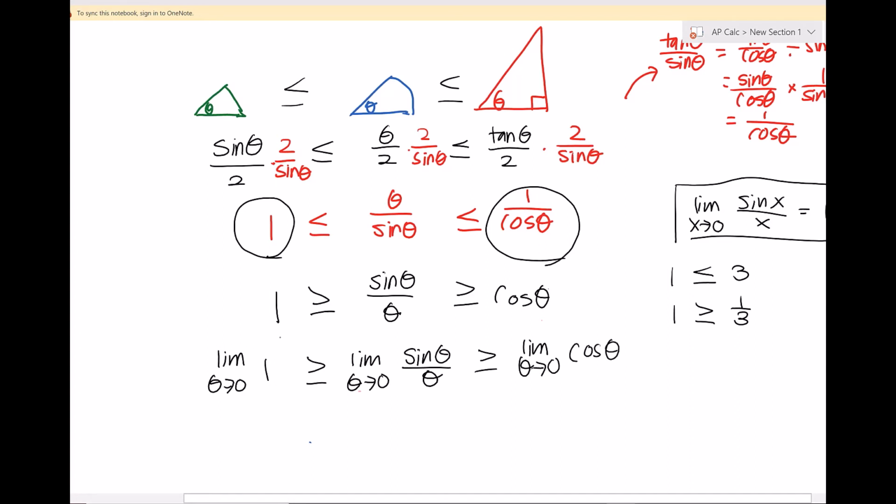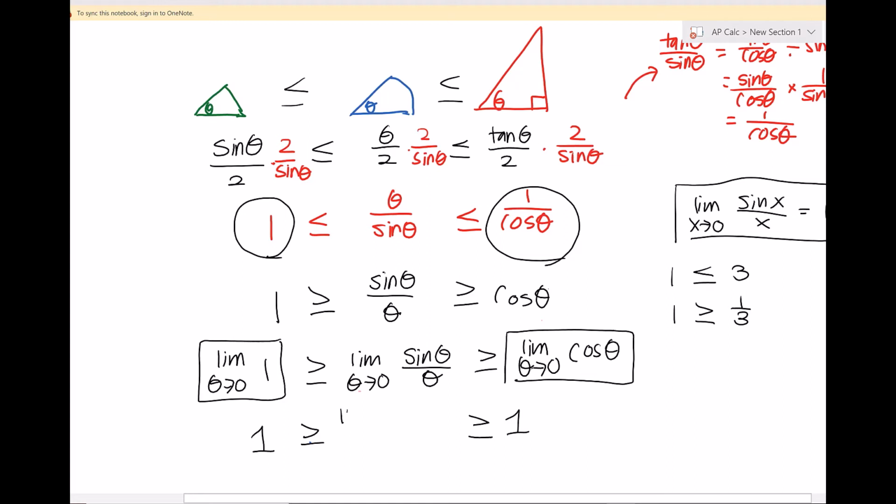Well, let's work with the left side. We know that 1 is just going to be 1 no matter what. It's unaffected by theta. So the limit as theta approaches 0 for 1 is just 1. Then let's take a look at this guy right here. We see that the limit of cosine theta as theta approaches 0, think back to the unit circle. What's happening? You're approaching the positive value 1.